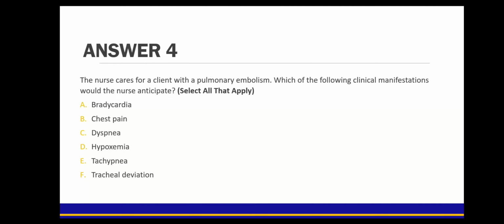So now symptoms may vary depending on the size of the clot and how much the lung is involved. But typically you would see some of the more common things in general. So number one, would we see, oops, I already gave you part of the answer. Let me go back. Bradycardia. Would you see bradycardia? Now, remember, you can't breathe.